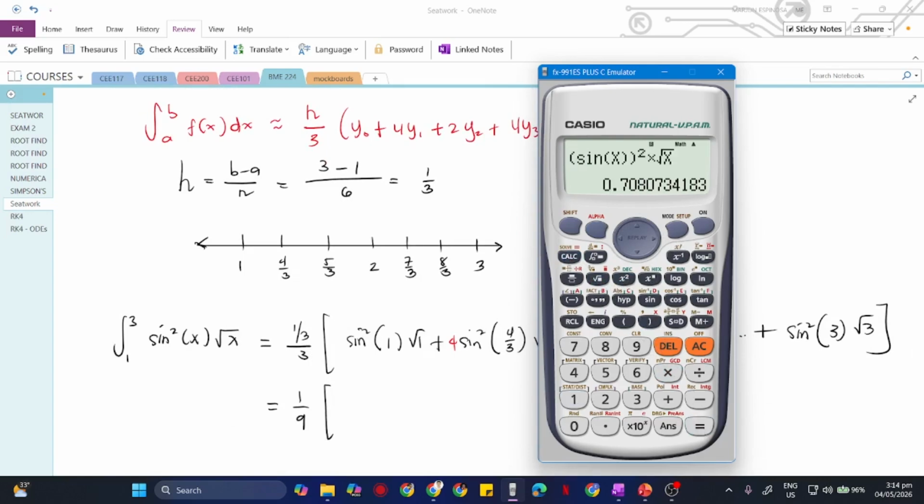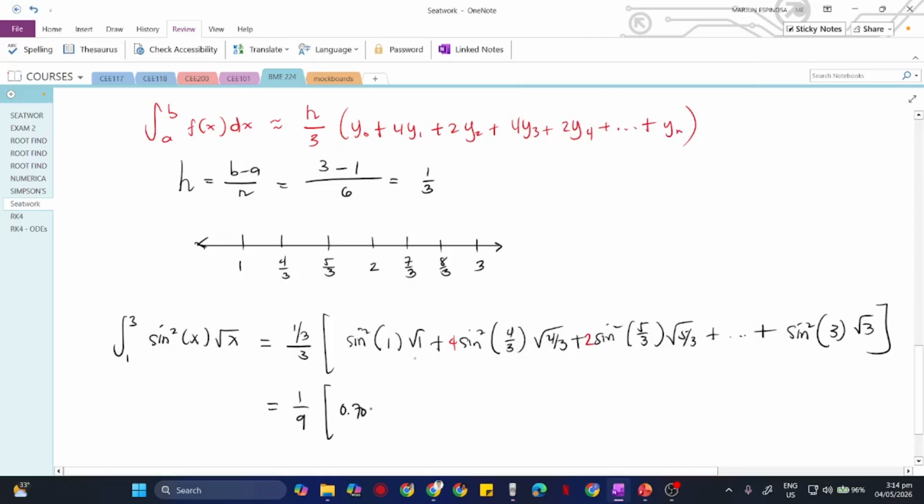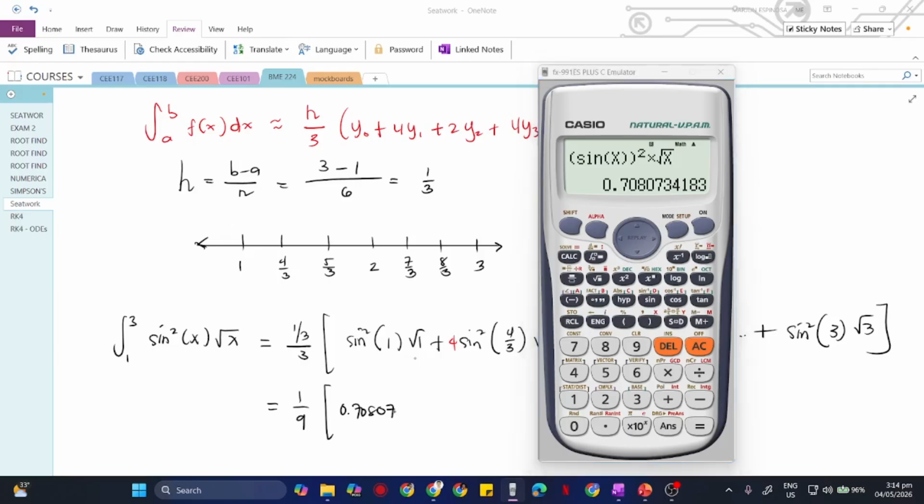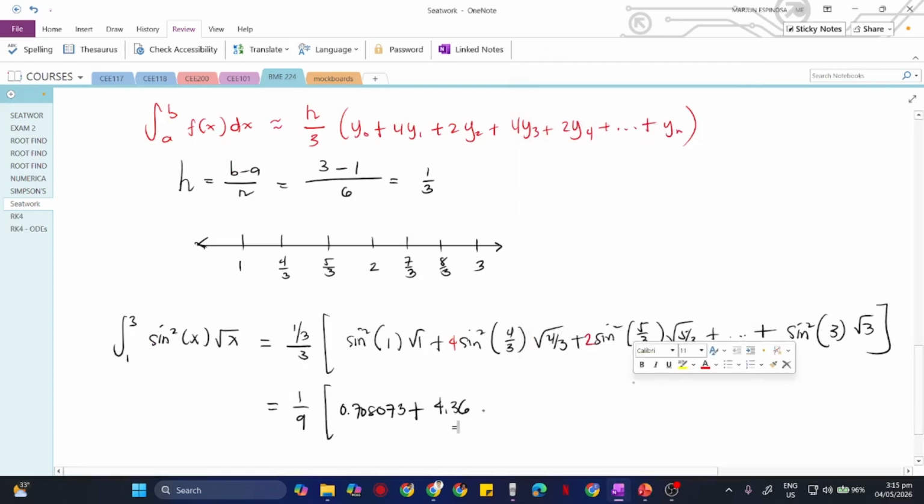So, yung value niyan is 0.70807 plus, okay, calc 4 divide 3. And that is, basically, multiply pa natin yan by 4. So, that is 4.363212.